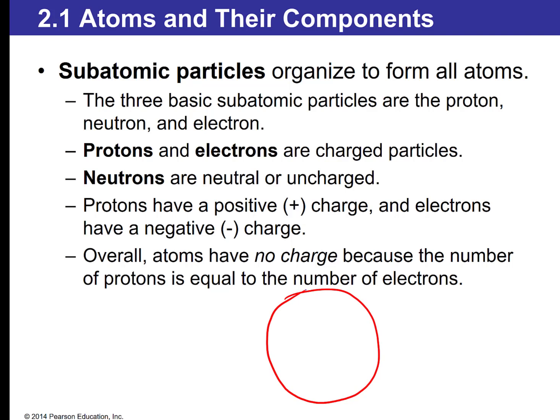If you think of the atom as a sphere, a ball, you have a very, very small center. Much like a cell, they called that very small center the nucleus. In the nucleus, they found 2 subatomic particles: protons and neutrons.